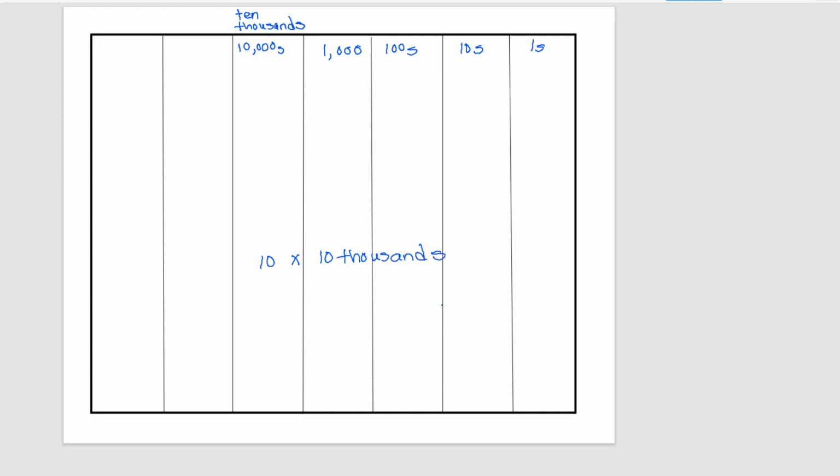So we're going to start with a 10,000 and we're going to do it 10 times. 10 times 1 10,000. So we're going to do 6, 7, 8, 9, 10. So 10 times 10,000 gives us 10 10,000s.